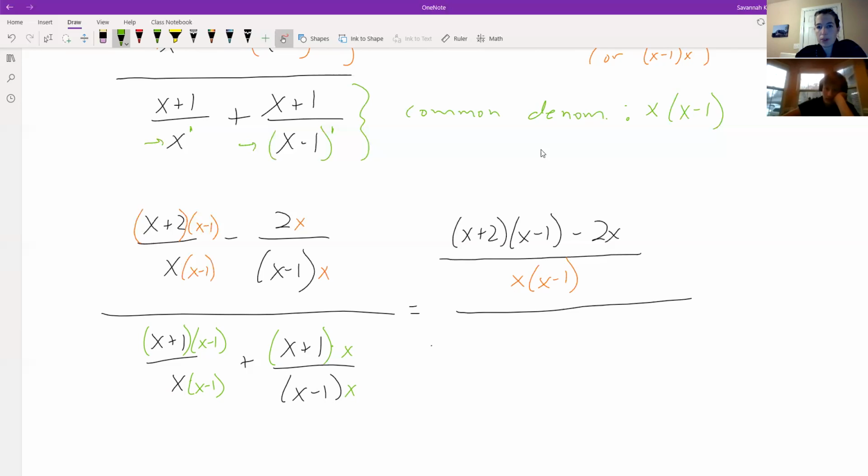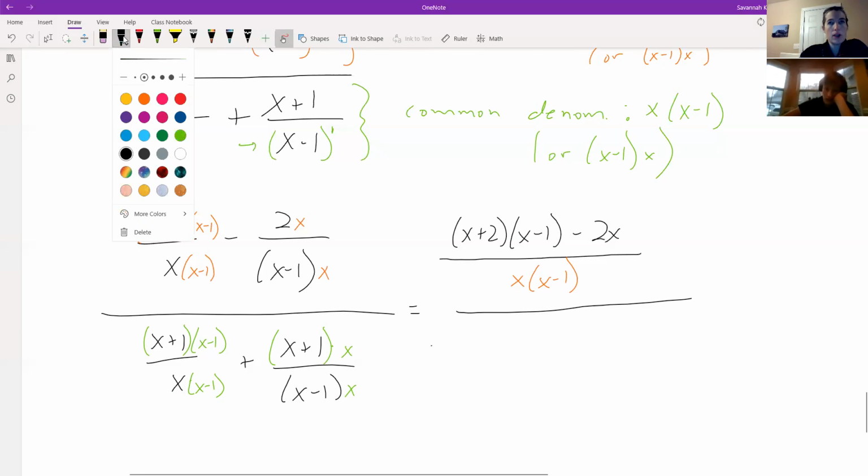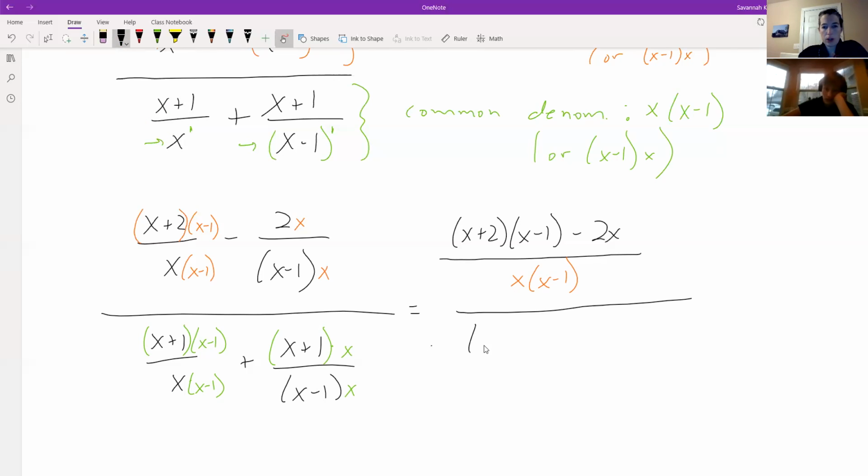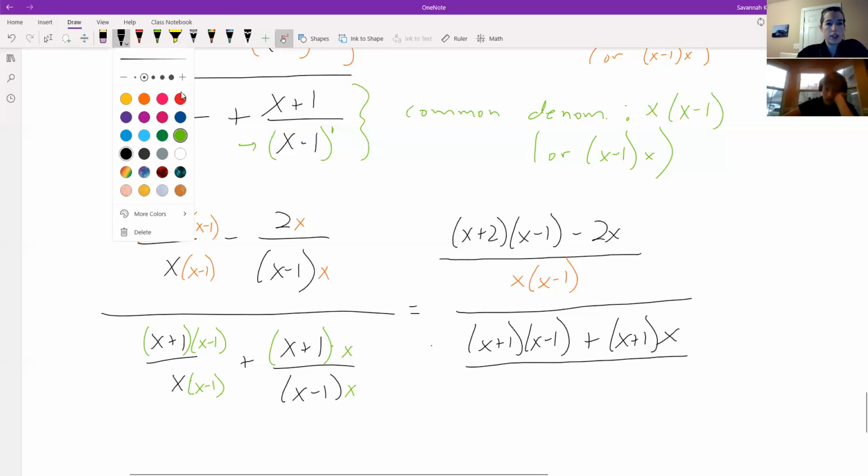But that's what the step looks like, and I'm going to put here in the notes that those two factors, once again, can be switched around. So what I'm dealing with at this point looks like x plus 1 times x minus 1, and then x plus 1 times x all over the green LCD.